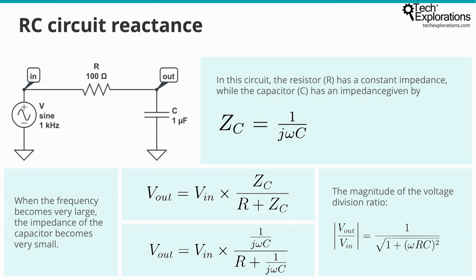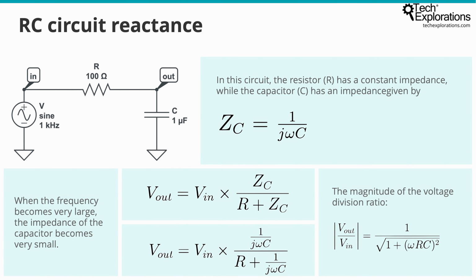The voltage division across the capacitor changes with frequency due to its reactive nature. As you can probably imagine, when the angular frequency becomes very large, the impedance of the capacitor becomes very small, until eventually, for practical purposes, it becomes very close to zero.